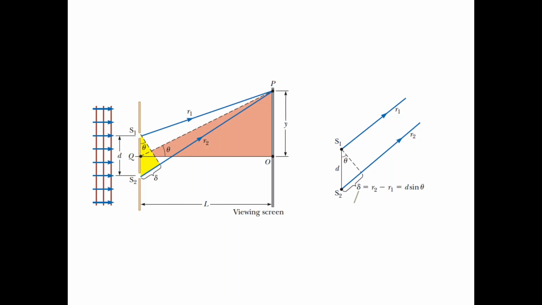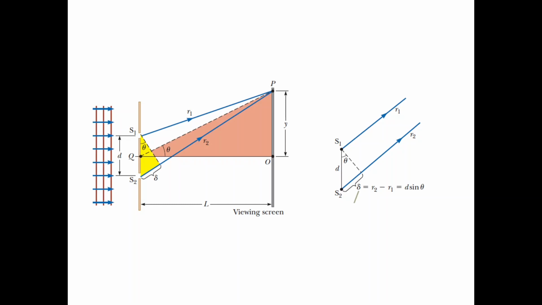We can define the position of point P with angle theta, the angular position of point P with respect to the horizontal line which goes through the center between the two slits, or with linear coordinate y. So there are two options to define position on the screen, either angular or linear.